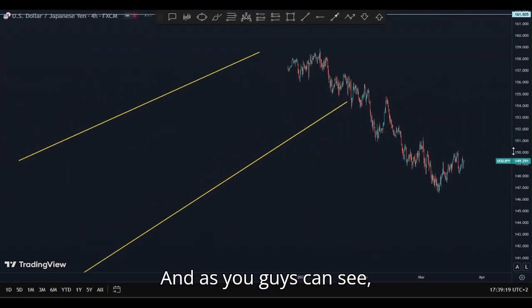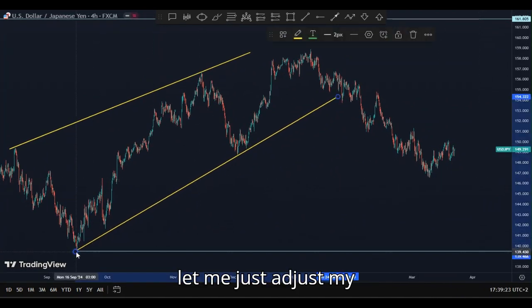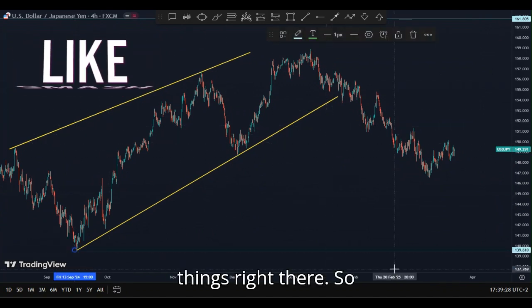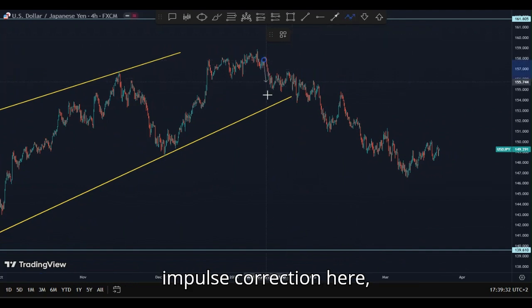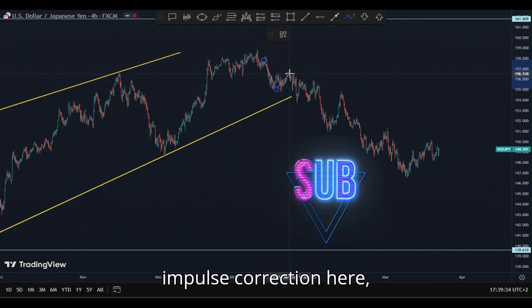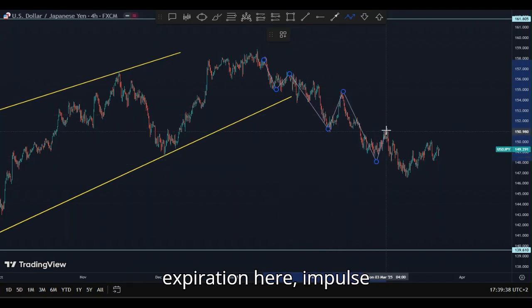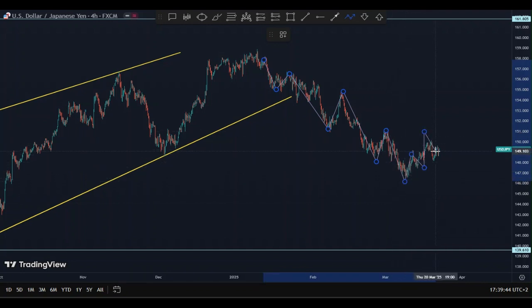And as you guys can see, let me just adjust my things right there. So yeah, I'm able to identify that we had an impulse correction here, impulse correction here, impulse correction here, impulse. Now we are in a correction, right?